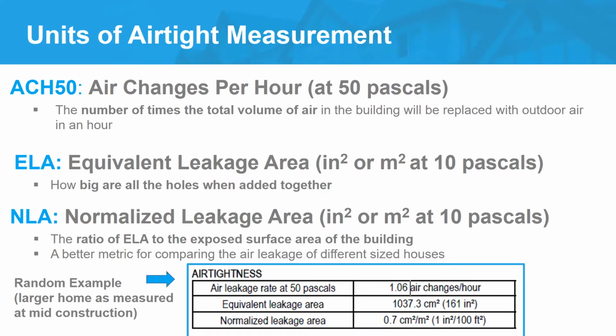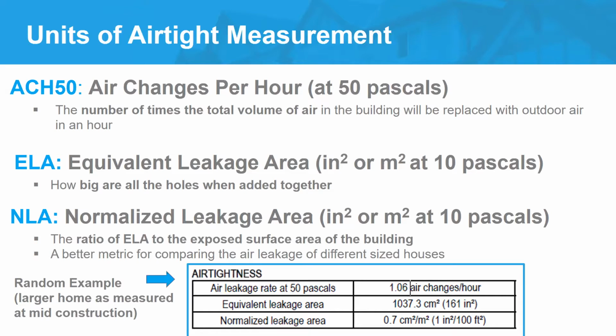When we're looking at units of air tightness measurement, there are 3 main ways of doing it. That's air changes per hour, which tells us the number of times the total volume of air in the building will be replaced with outdoor air in an hour. And this is the number we put in the BC Energy Compliance Report. There's also the equivalent leakage area, and this tells us how big all the holes are when added together.